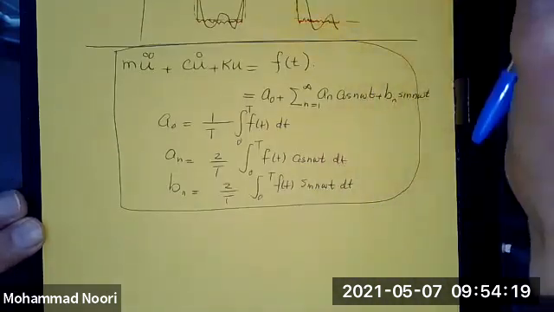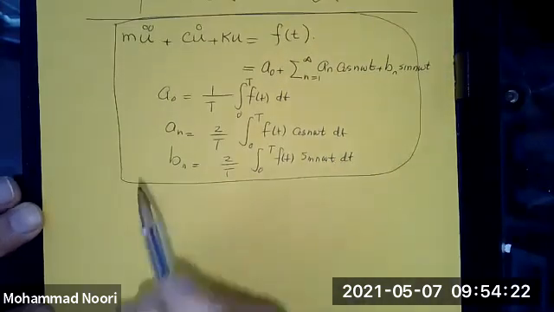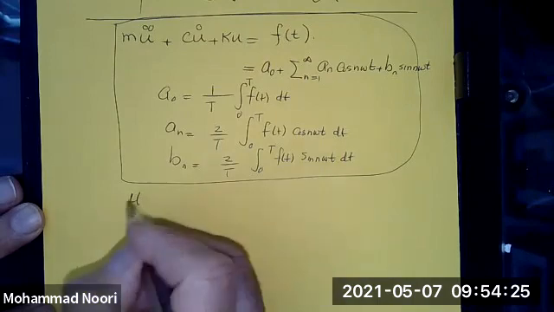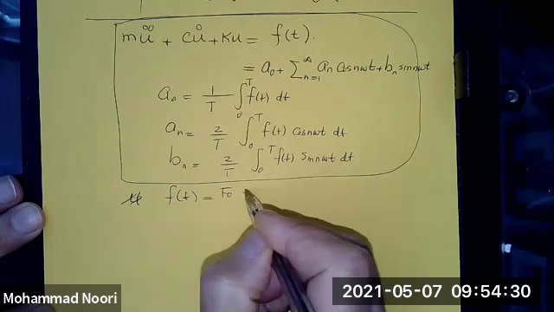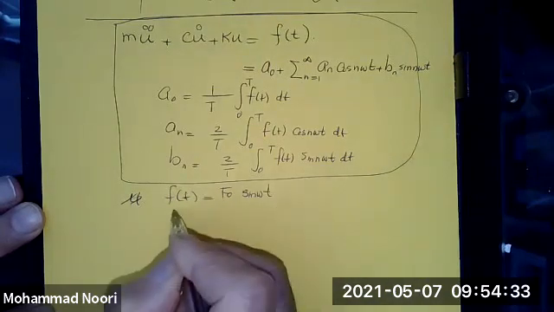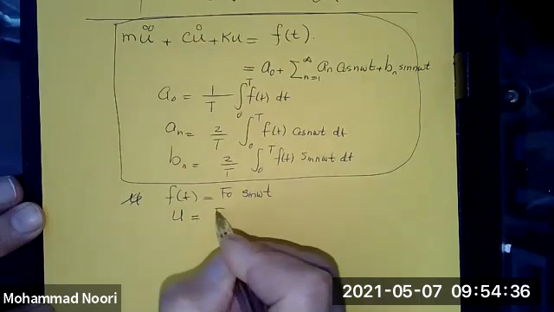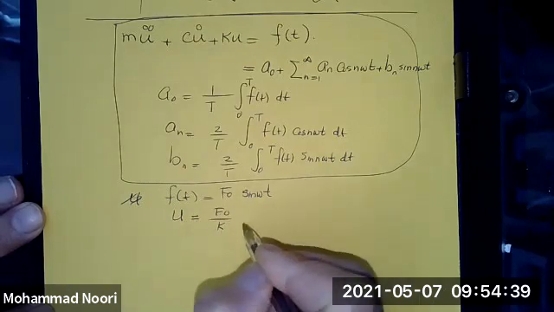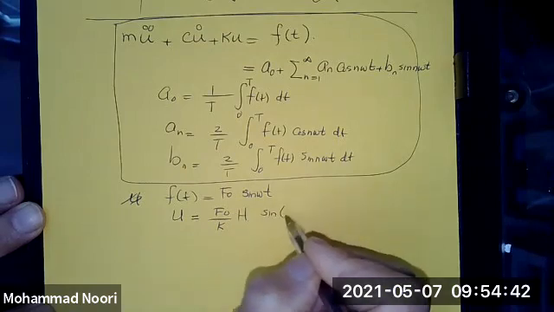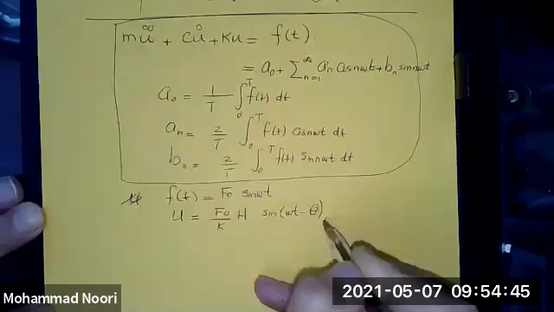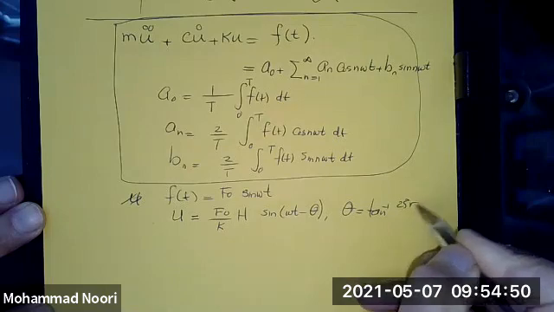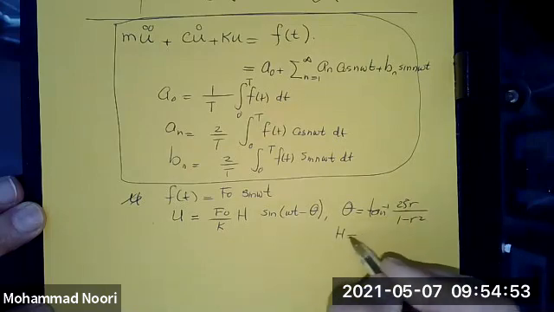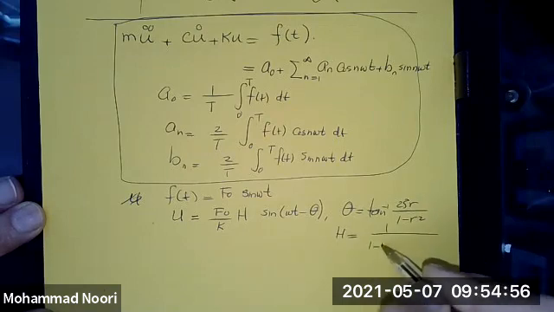Now, we remember from harmonic excitation that if you had just a single harmonic force like this, right? The response was F0 over K times H sine of omega t minus theta, where theta was the arctangent of 2 zeta r over 1 minus r squared, and H is the frequency response function, right?